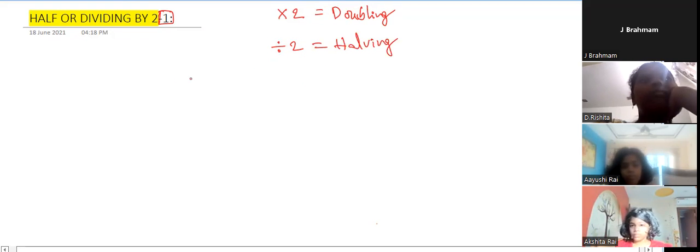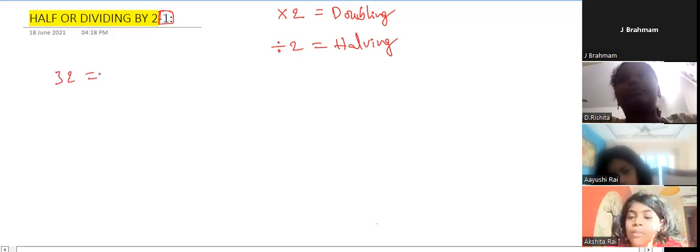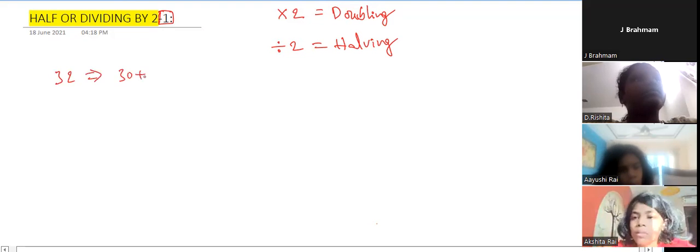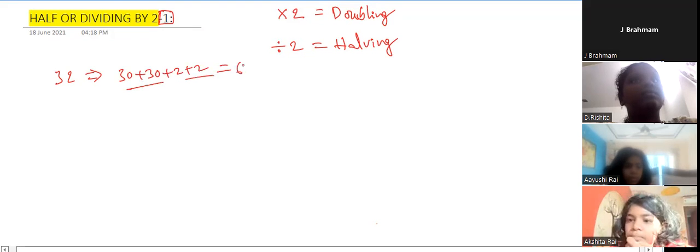How to double a number? Suppose we take any number like 32. We simply do 30 plus 30, and 2 plus 2, which is 60 and 4, so 64. How to halve this number?